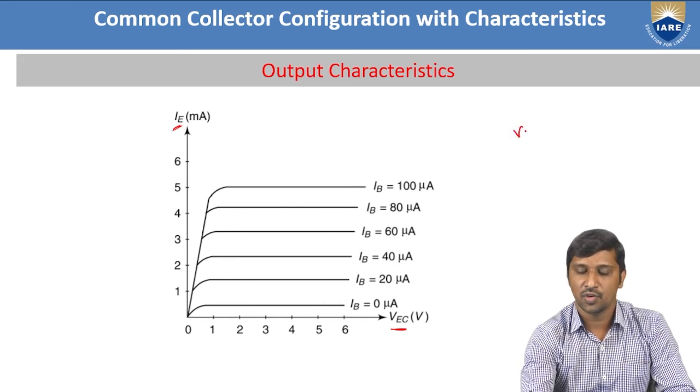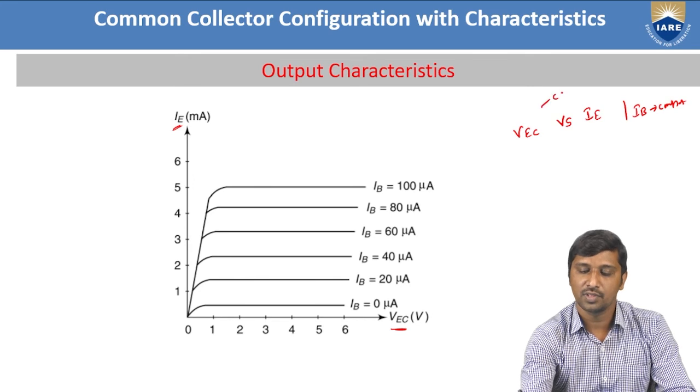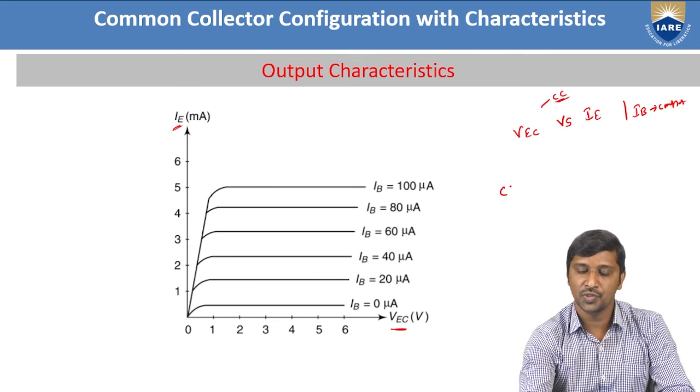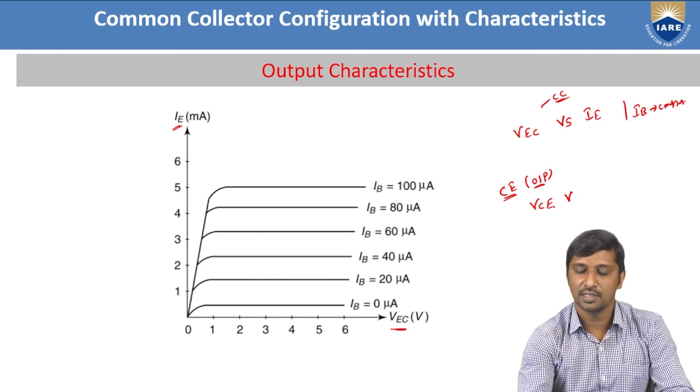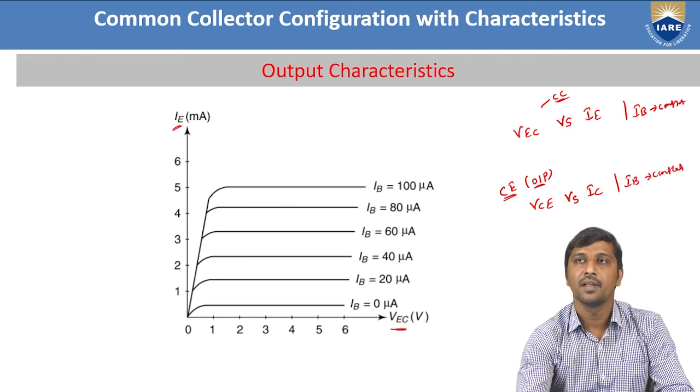So we are plotting the curve VEC versus IE by keeping IB constant. This is for common collector. If you observe the common emitter configuration, on the output side we also plotted VCE versus IC by keeping IB constant.